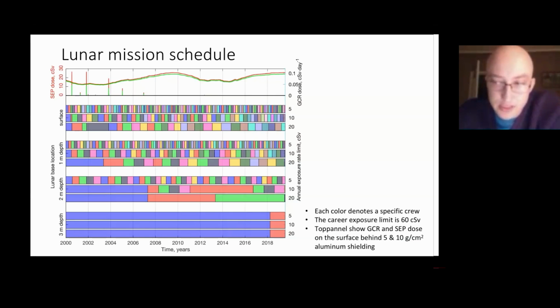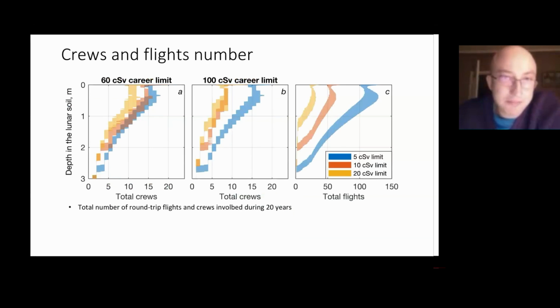We used our model, analyzed the previous two solar cycles, and created an example of a mission schedule, which is needed for persistent presence of humans on the moon. Each color here denotes a certain crew, and this figure somehow summarizes the previous one.